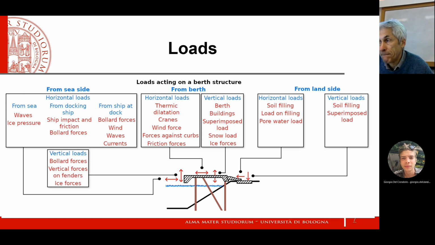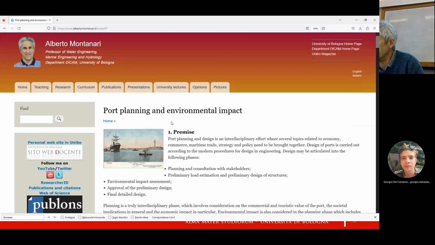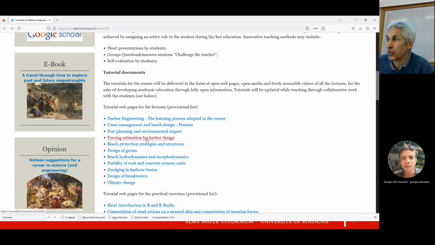So, what is a bollard? Anytime that you have a doubt on some terms, I am opening a parenthesis here. You may refer to, let me go back to the next lecture, Forcing Estimation for Harbour Design.